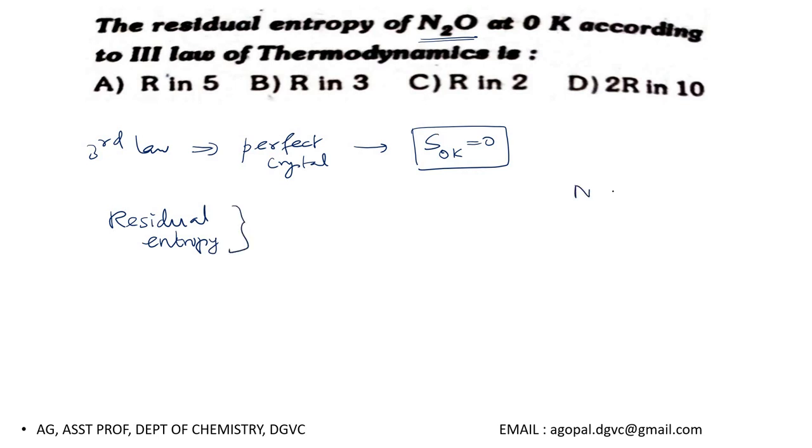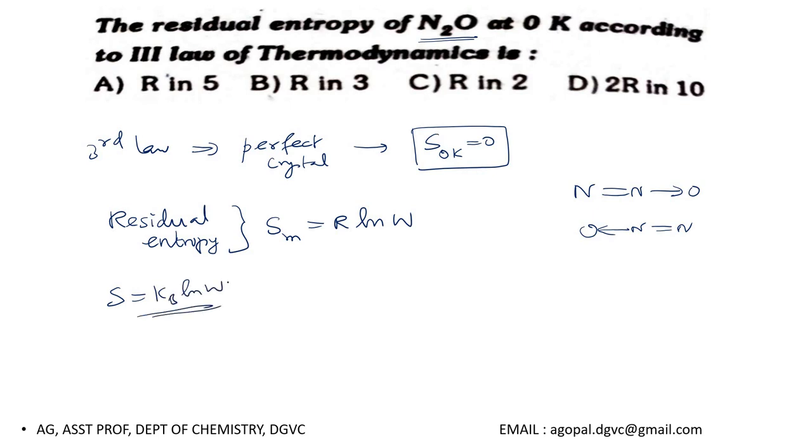See, this is the shape of N2O. N2O is a linear molecule. It can be present in this manner in the crystal, or it can be present in this way. So two possible orientations are there. So for the residual entropy, the molar residual entropy Sm is equal to R ln W. The normal Boltzmann formula is Kb ln W, but I have given directly the molar entropy.